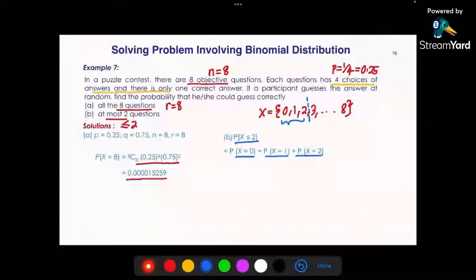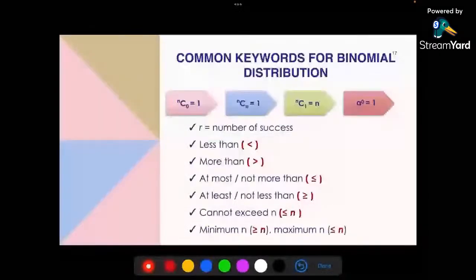Okay, kita pergi pada common keywords for binomial distribution. Common ni kan yang selalu kita nampak dalam binomial distribution lah. Okay, definitely you can see this one lah yang tadi we have explained earlier here. NC0 is always equals to 1. So tak payahlah nanti kata, oh kenapa tak boleh cari lah cikgu NC0 ni macam mana?